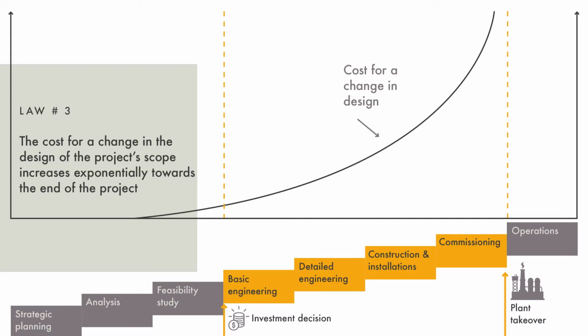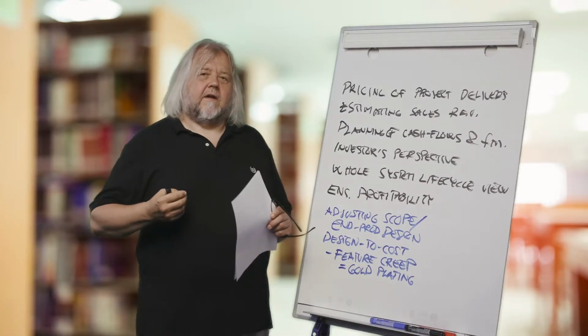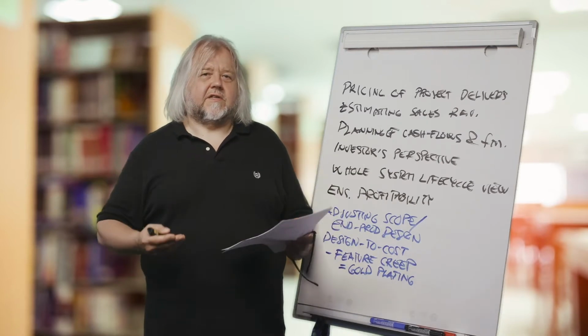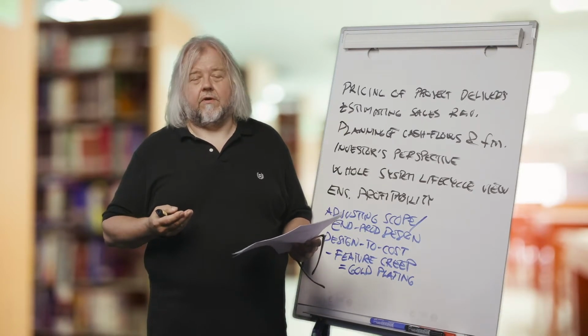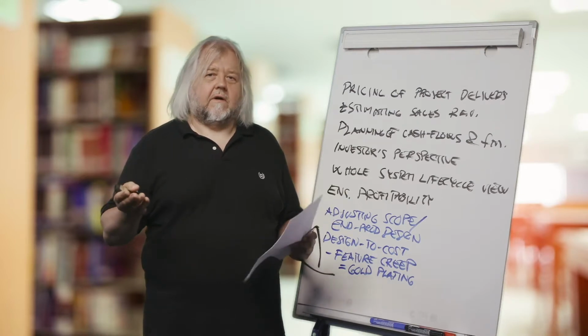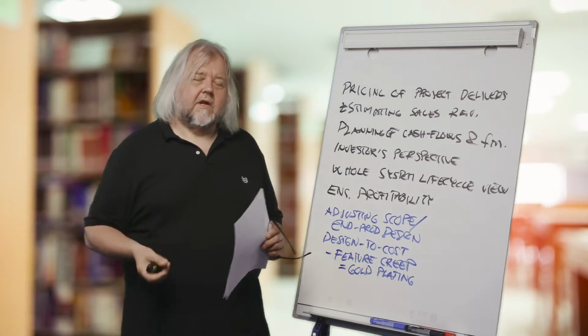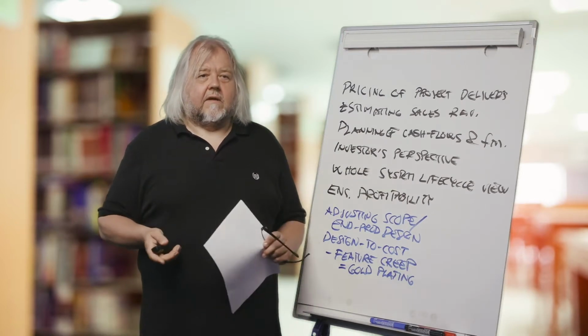The later we do the change, the more it affects other things, and a lot of rework must be done, and the project must come back maybe to earlier phases and start again doing something which is really costly.